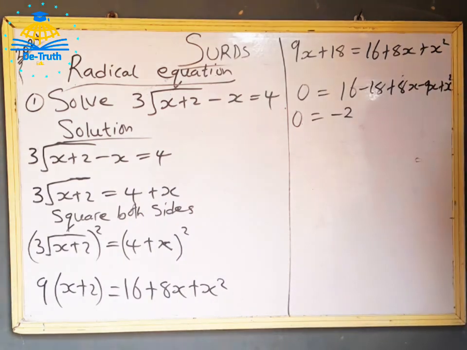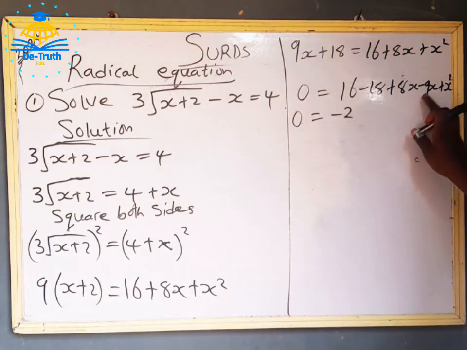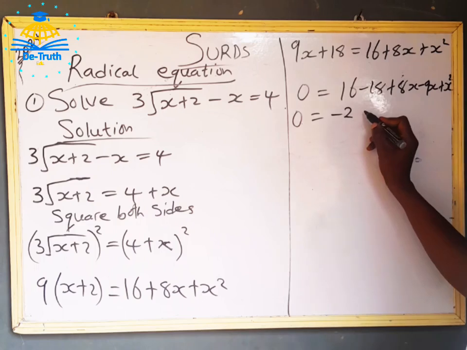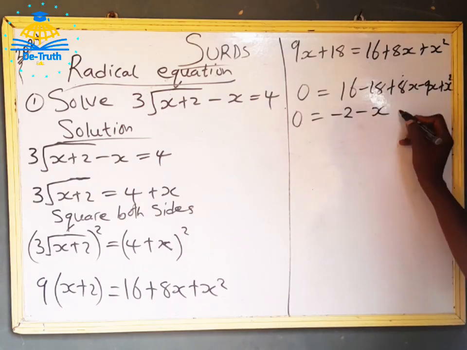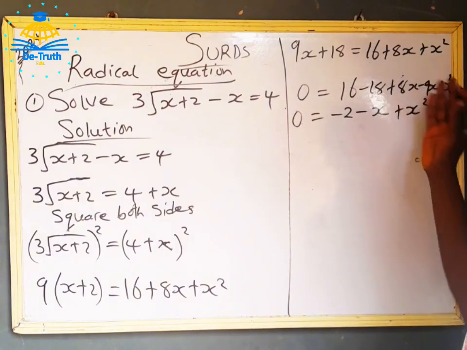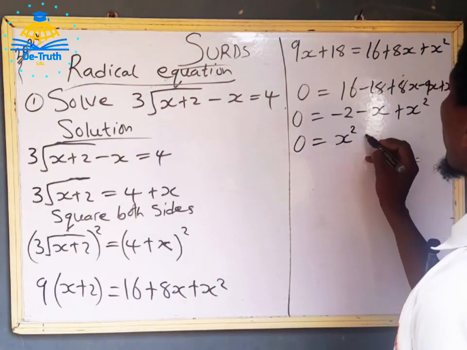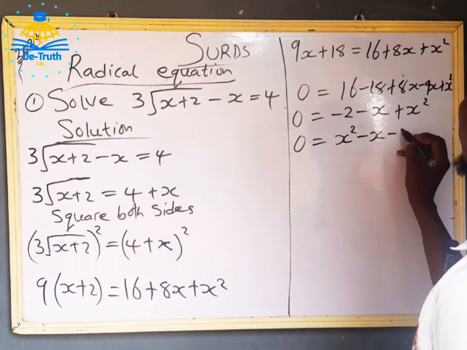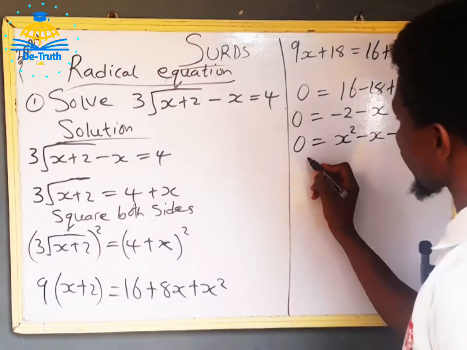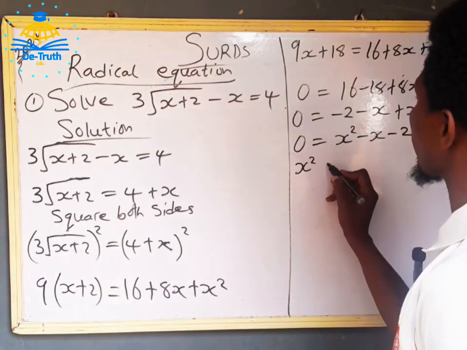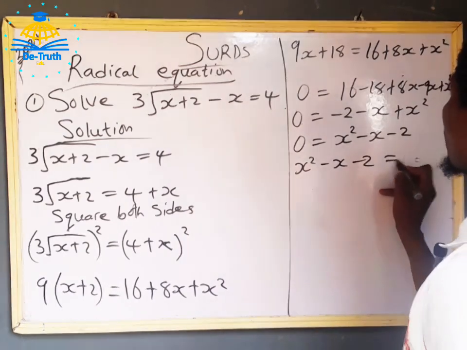Then 8x minus 9x, that is minus x, plus x squared. So now you arrange, we have 0 equal to x squared minus x minus 2, which can be written as x squared minus x minus 2 equals 0.